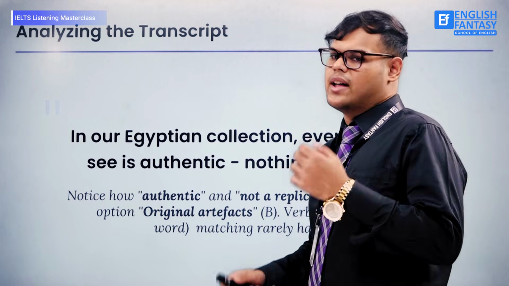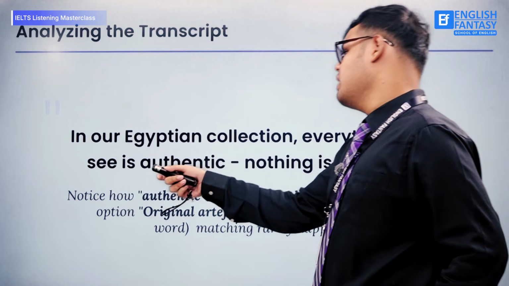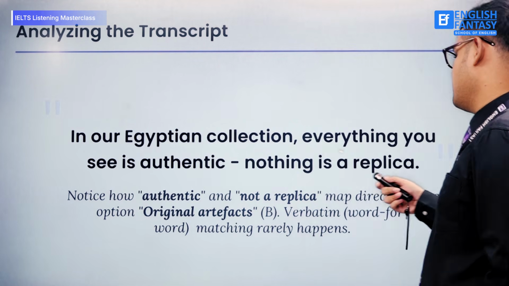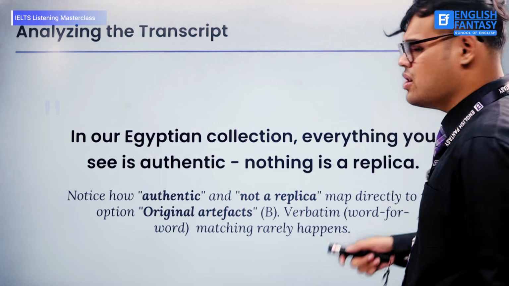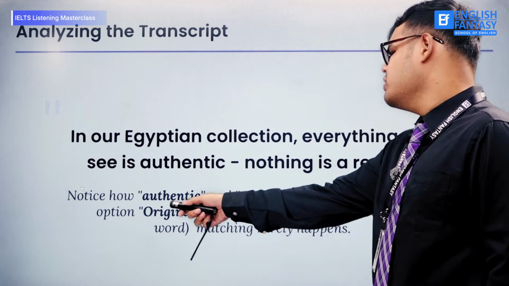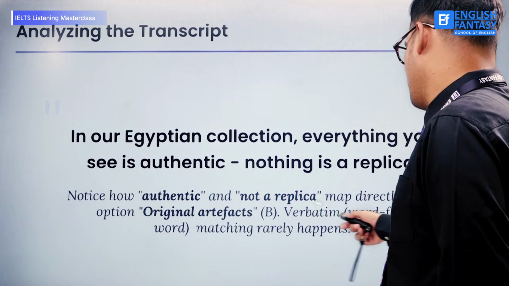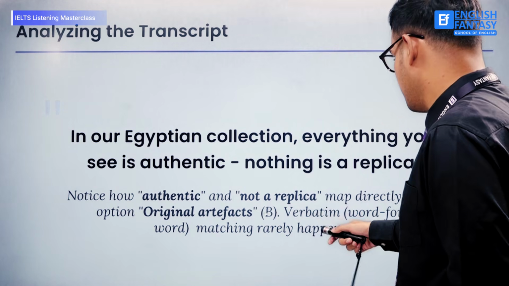So if we analyze the audio transcript, first of all, for the Egyptian section: in our Egyptian collection, everything you see is authentic. Nothing is a replica. So what do we understand from this? Do you notice how authentic and not a replica directly maps to the option original artifacts?